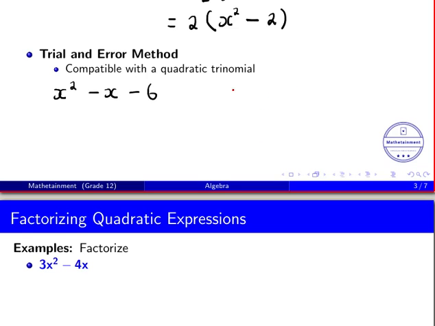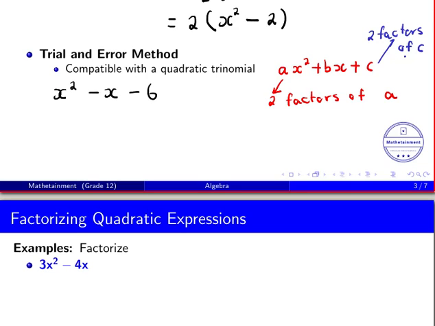So look at this. In general, a quadratic expression looks like this: ax squared plus bx plus c. What you need here are two factors of a, and I'm going to write this in blue, and you also need two factors of c.